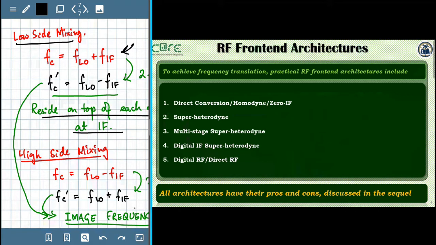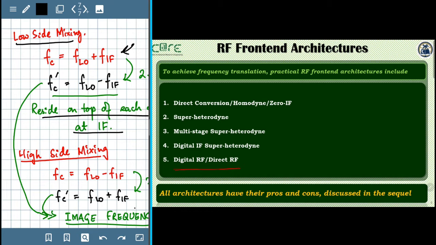The fourth one that we are going to talk about is digital IF super heterodyne. This is basically a variant of super heterodyne receivers or transmitters with the digital IF frequency. And finally, the 5th architecture that we are going to talk about is the direct RF sampling or direct RF synthesis platform that has been the main focus of this tutorial.